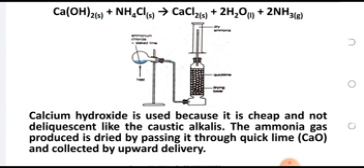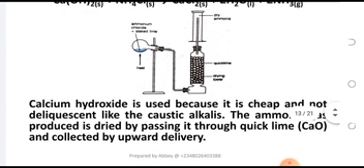Sodium hydroxide could have been used, but it is deliquescent, that is, it quickly absorbs water. But calcium hydroxide is not deliquescent like the others. That is the number one thing we need to take note of. Then the function of the quicklime, as we have said, is serving as a drying agent. So let's take note of that.